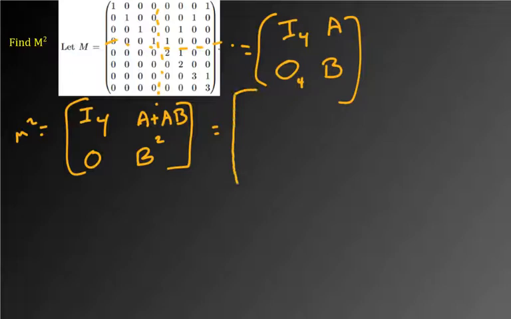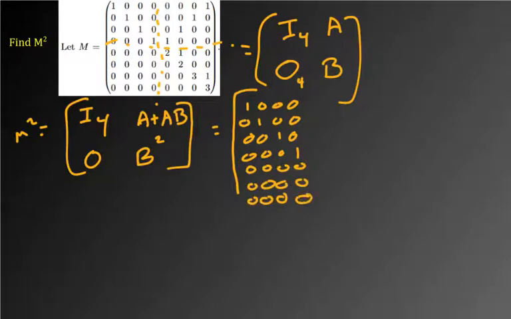So I would have 1, 0, 0, and then a 4x4 zero matrix down here. So I've got all that part done, and then I just need to independently do A plus AB, and I need to do B squared.